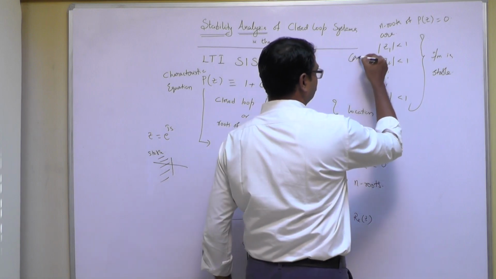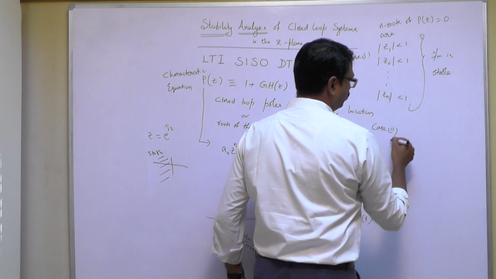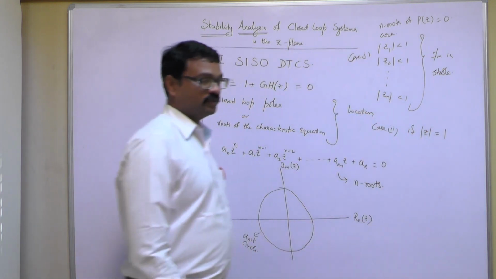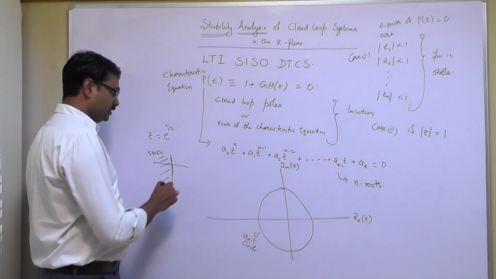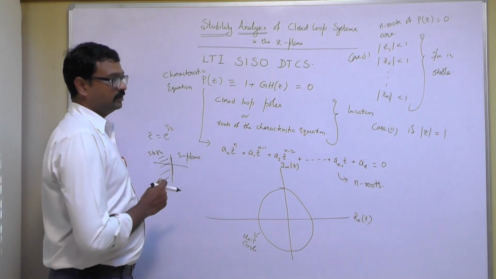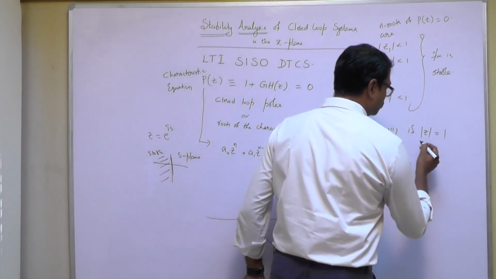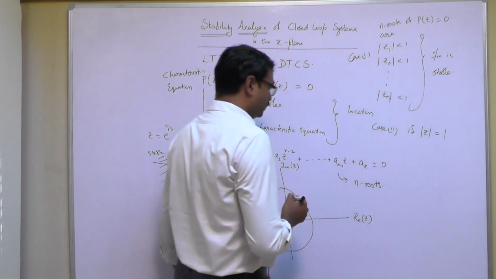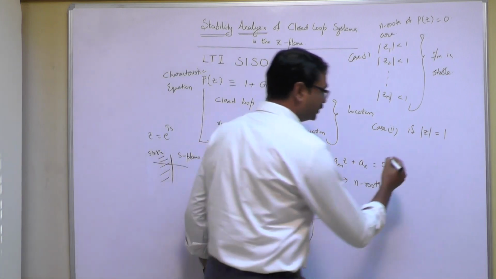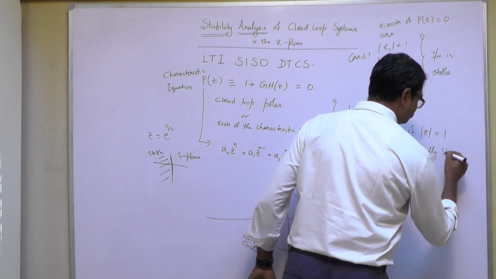This is case 1. Now we have case 2, where mod Z is equal to 1, that is, the poles lying on the imaginary axis of the S-plane. If there is any one pole on the imaginary axis, then the system is critically stable.